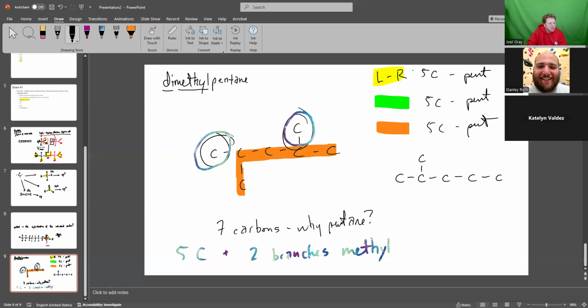Now let's go through this molecule a little bit faster. There's our pentane. You agree with that? And then the other part was one methyl group, another methyl group. So would you agree that this name is dimethylpentane also?